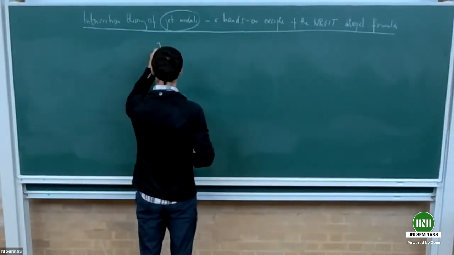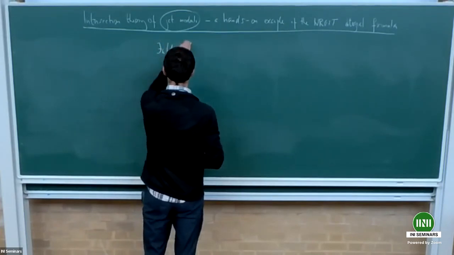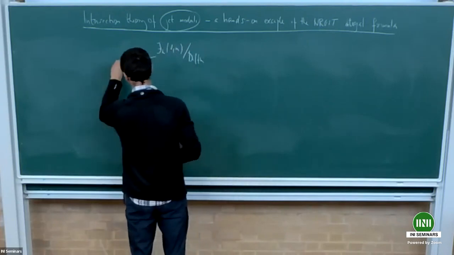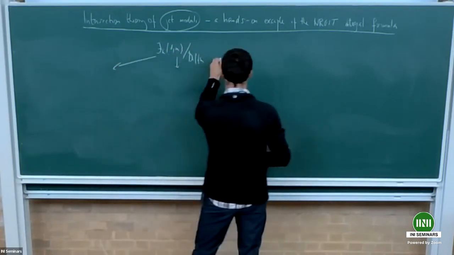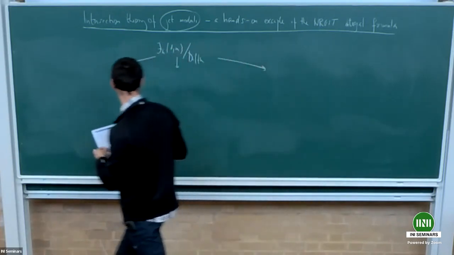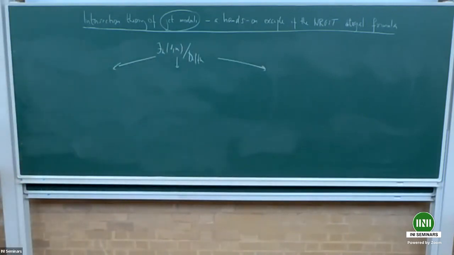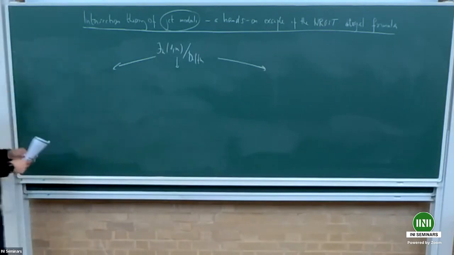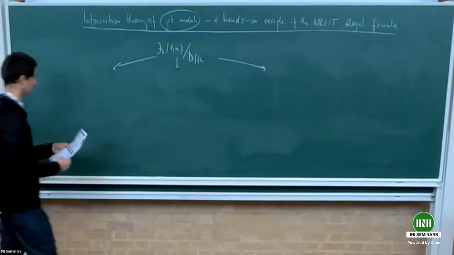So this jet moduli space J_k(1,n) mod Diff_k has different compactifications. This diagram actually also came up in January in my talk. We have different compactifications, and they are leading to different applications in enumerative geometry and other applications.